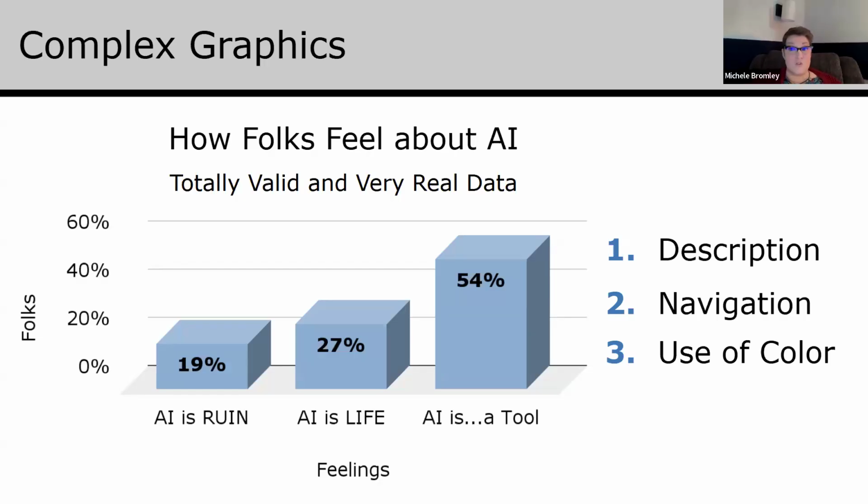So after description, we've got navigation. For navigation, you have to remember that accessible design does not begin and end with screen reader accessibility alone. For people with cognitive, reading, or learning disabilities, effective use of white or empty space is critical to readability.